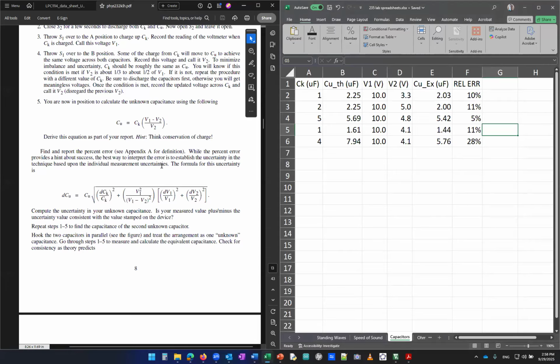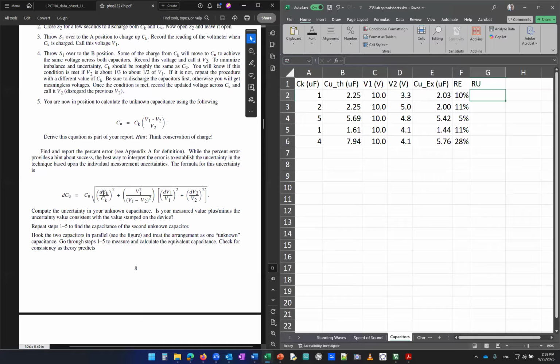And also the relative uncertainty, or RU, let's just shorten that a little so we can have space. RU, on the other hand, is calculated based on this. You can see the formula computes the uncertainty of your unknown capacitor, and this requires quite a bit of calculation.